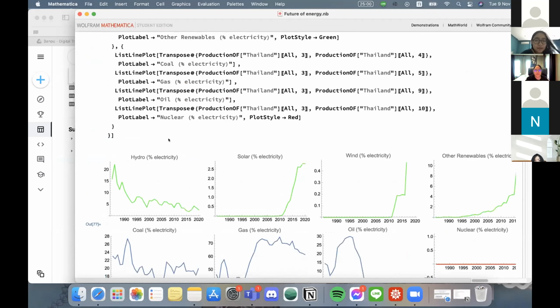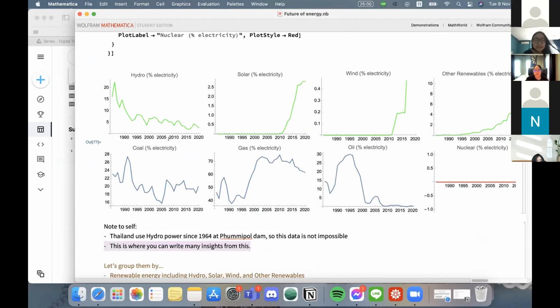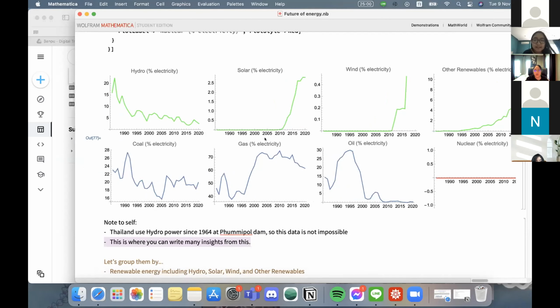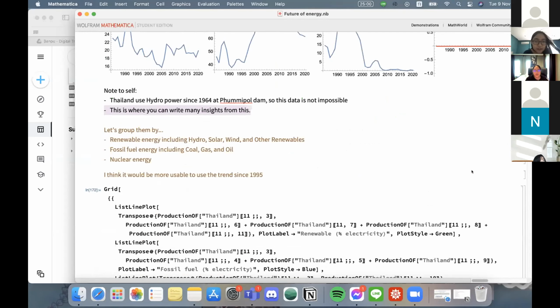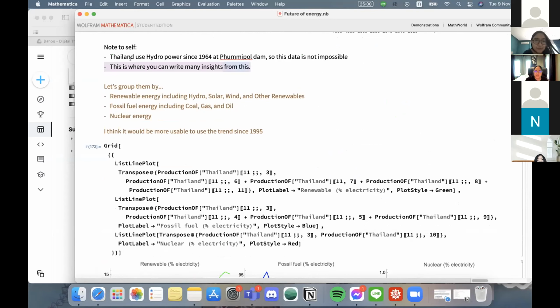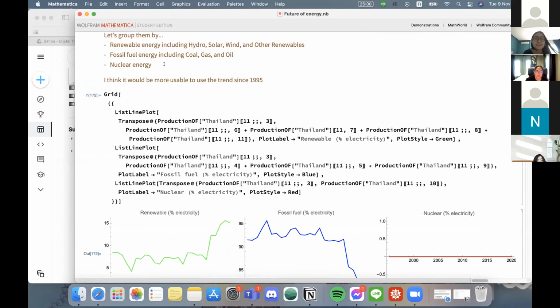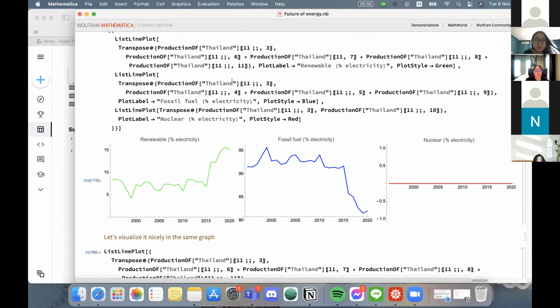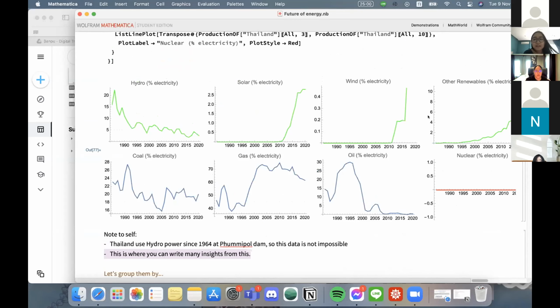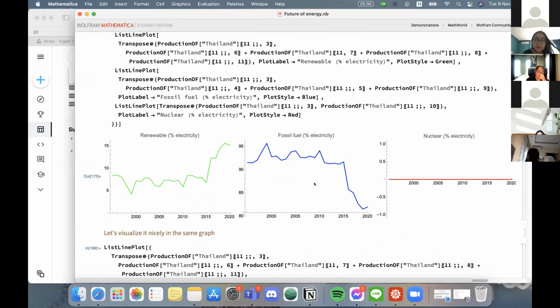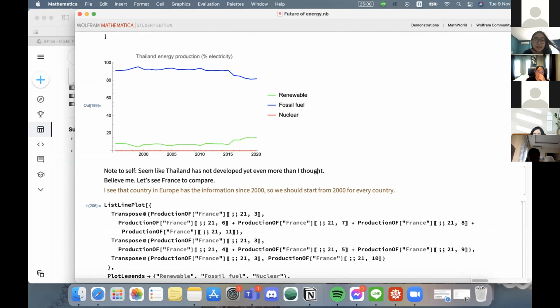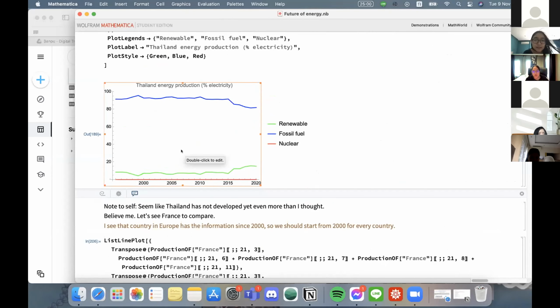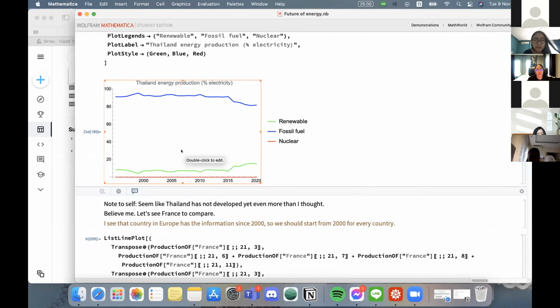This is the electricity production in Thailand. The green ones are renewable energy, blue is fossil fuel, and red is nuclear. I noted to myself where I can write some insights, and then I grouped the energy sources: hydro, solar, wind, and other renewables are renewable, and fossil fuel and nuclear are grouped separately. I combined them into one graph so I can see how it's going.